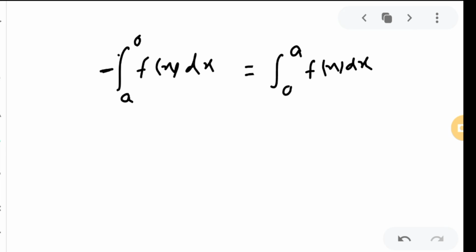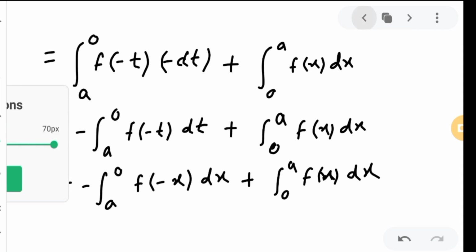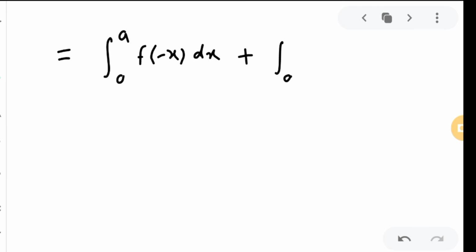So using this property I am writing here, this minus sign I will remove and I will write a to 0 as 0 to a, like this, then you will understand. I can write 0 to a, f of minus x was there, so f of minus x, everything as it is, just the limit will change, a to 0 will become 0 to a and the minus will go.